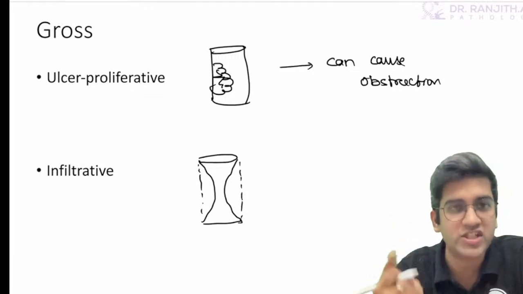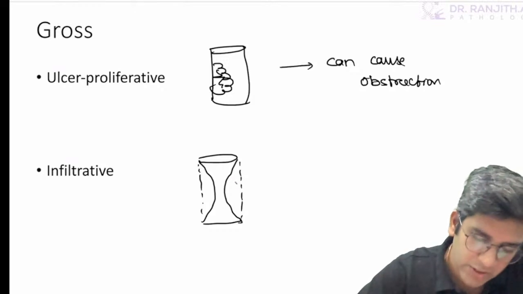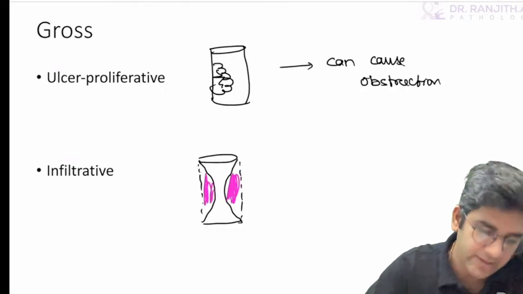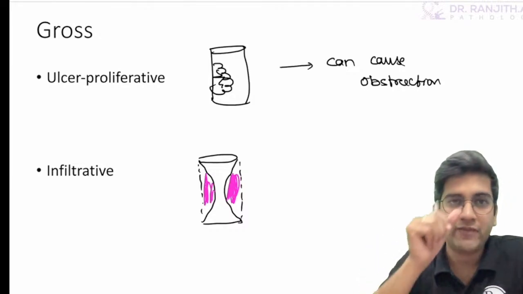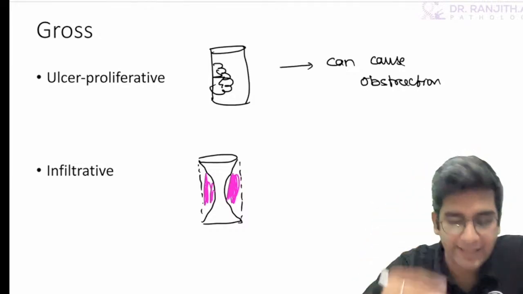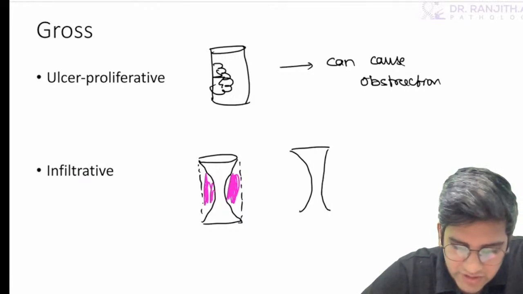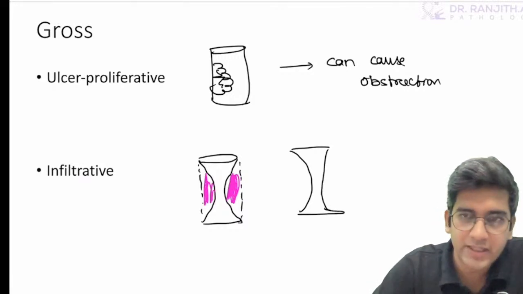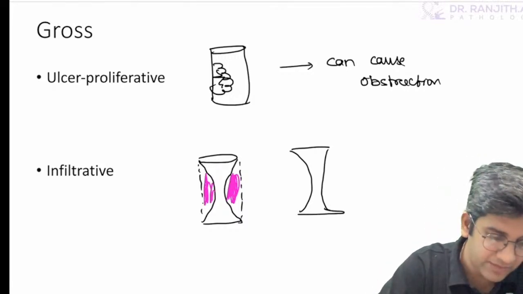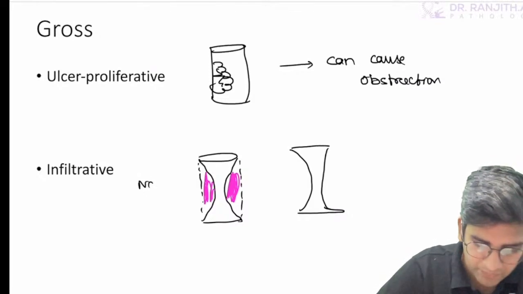It's infiltrating and causing fibrosis. It's becoming thicker. So the entire colon becomes thick because of the infiltration. When you do a barium enema, the lumen looks like this. So because of this, it was called, how does it look? A napkin ring lesion, right? That's a classical term in gross. It looks like a napkin ring.